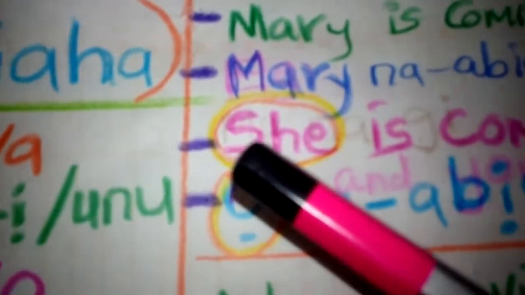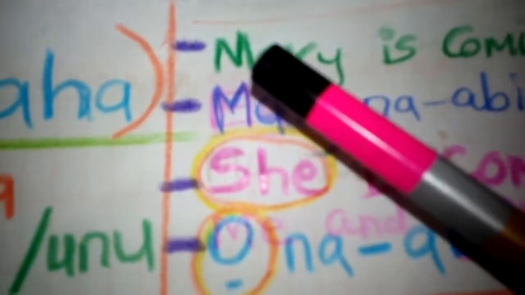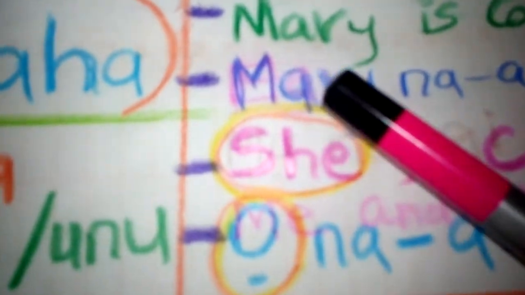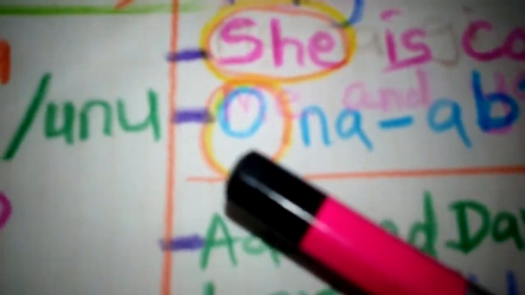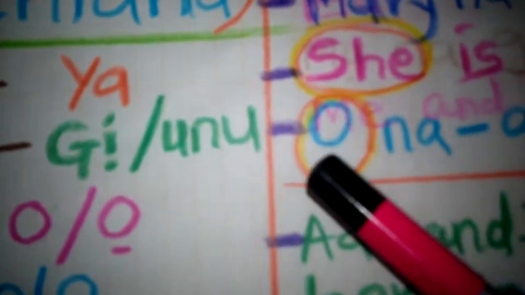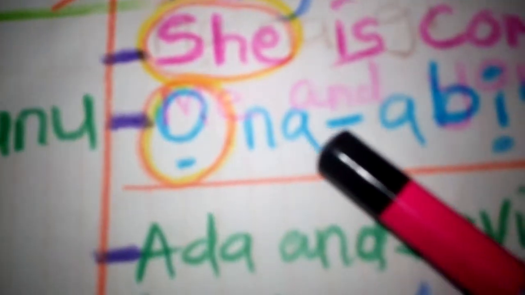So you want to replace this Mary with a pronoun. You say she is coming. That is ọ na-abịa. Okay, you see ọ. Why did we use ọ?